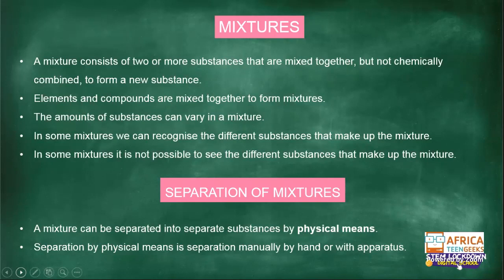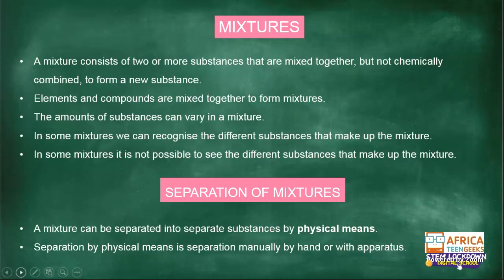Now, elements and compounds are mixed together to form mixtures. When you take two elements and a compound and you mix them through a chemical reaction, they also form mixtures. So you get two different types of mixtures. One where even though it's mixed together, they're not chemically combined. And then you get other ones that are chemically combined through chemical reactions.